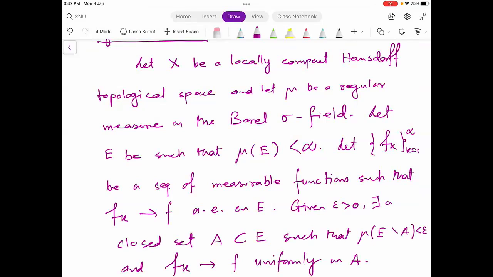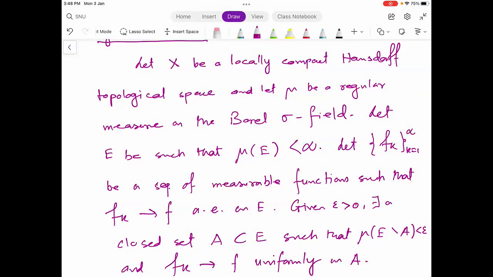Remarkable conclusion. So you only started with an almost everywhere convergent sequence. Of course, you will tell me, what is the big deal about almost everywhere? You only have a null set on which it doesn't converge. Throw away that null set. Fair enough. You throw away that null set from E. So without loss of generality, assume that Fk goes to F everywhere on E, a set of finite measure. This finite measure is important.